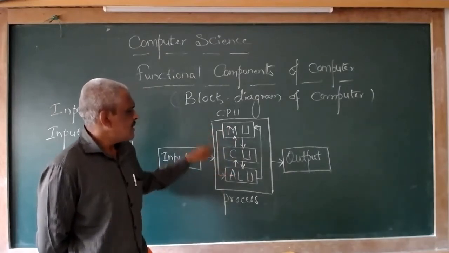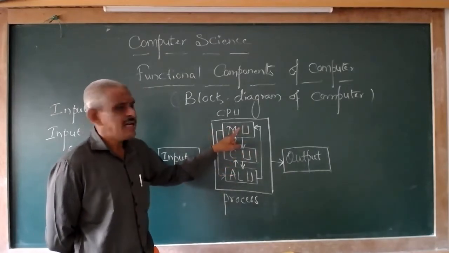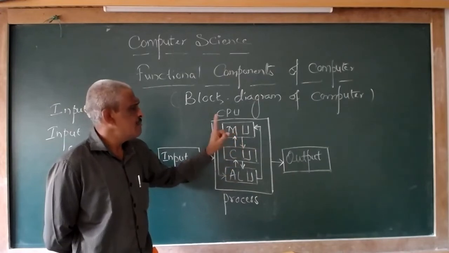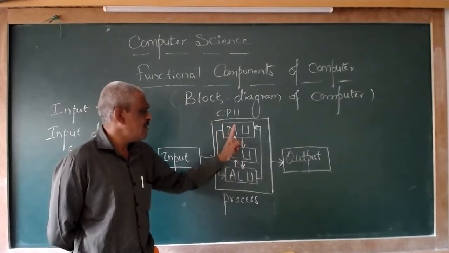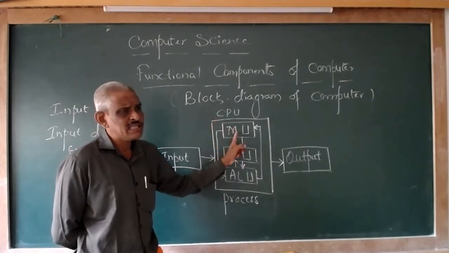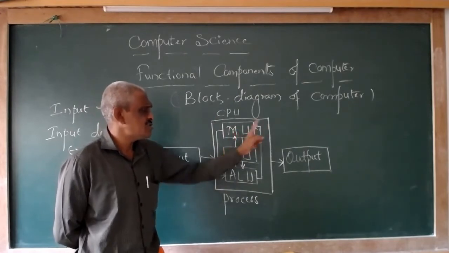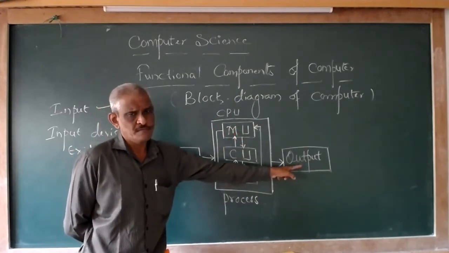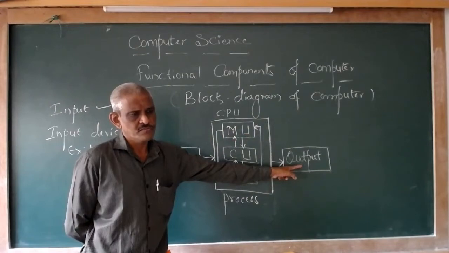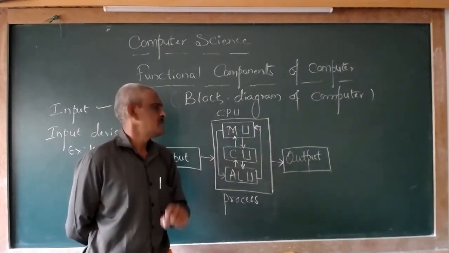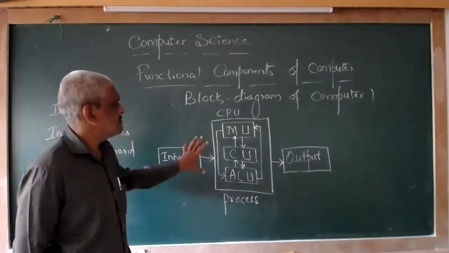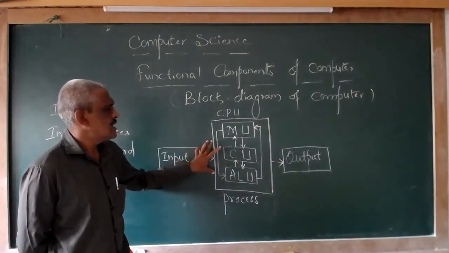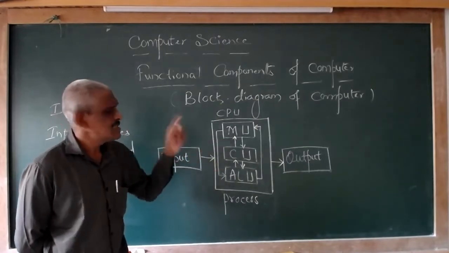Once the process is completed, our data and instructions are stored in memory. Again, by receiving the control signal from the control unit, the MU sends the data and the generated results to the output unit. This completes the second block, known as CPU.